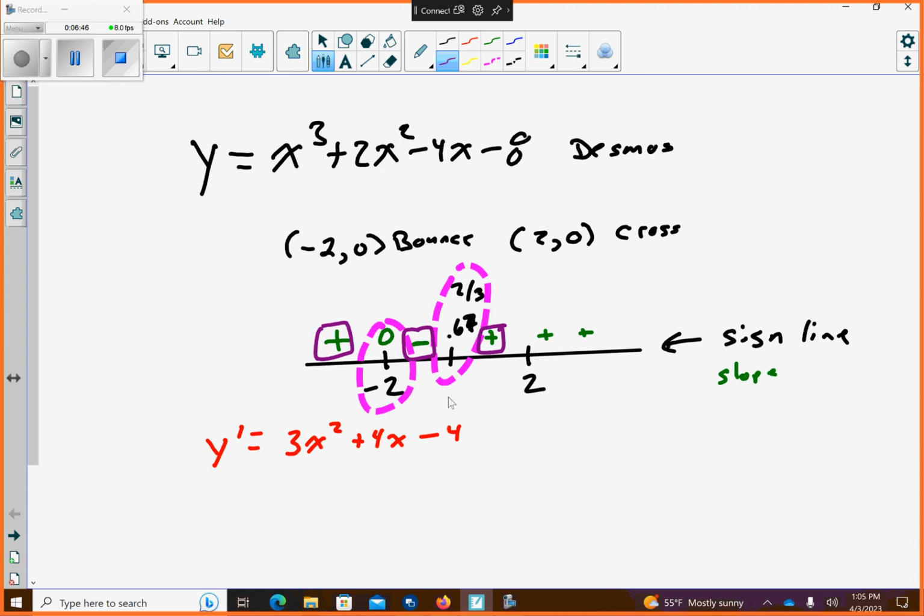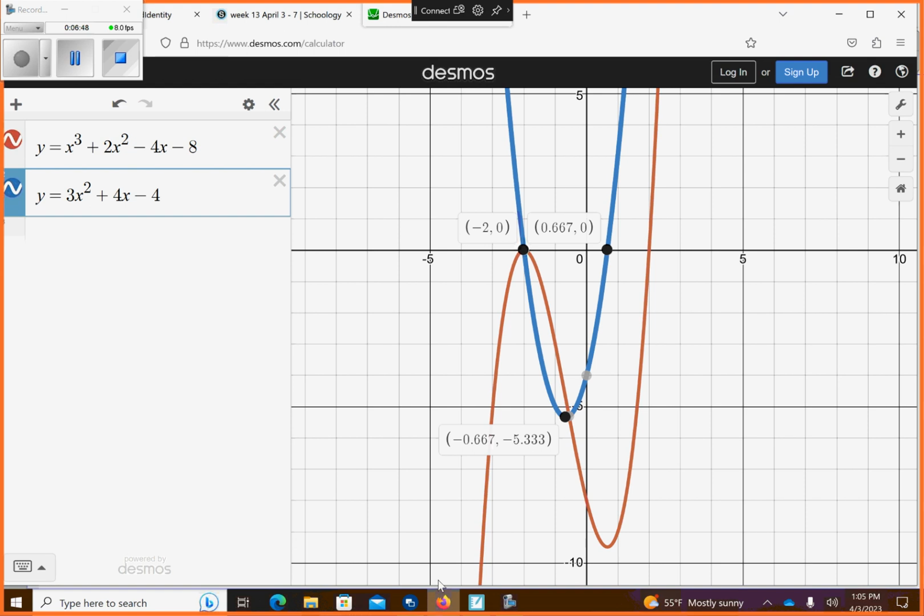If I look back at my function, notice this blue region from -2 going to -infinity. Is that above the x-axis? And is the region from 0.667 above the x-axis? So that means the region between -2 and 0.667, or 2/3, is below the x-axis.